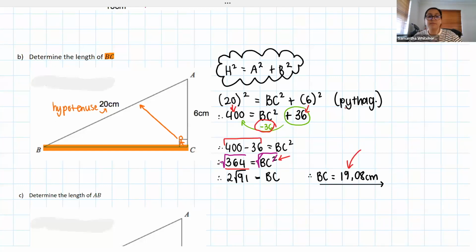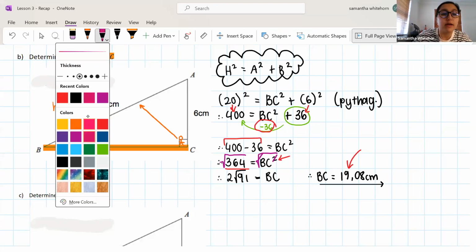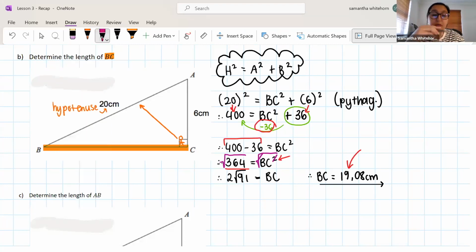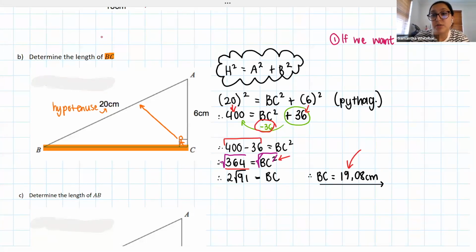Right, so guys, if we summarize the two types of questions that we've had a look at, just so that we understand, like I said, there's actually only two ways I can ask this question. I can change the numbers, but if I'm going to ask you to use Pythagoras, there's two ways to do it. The first way is if we're looking for the hypotenuse.